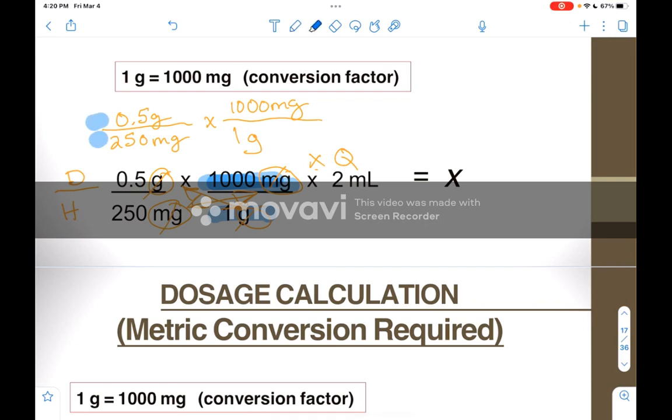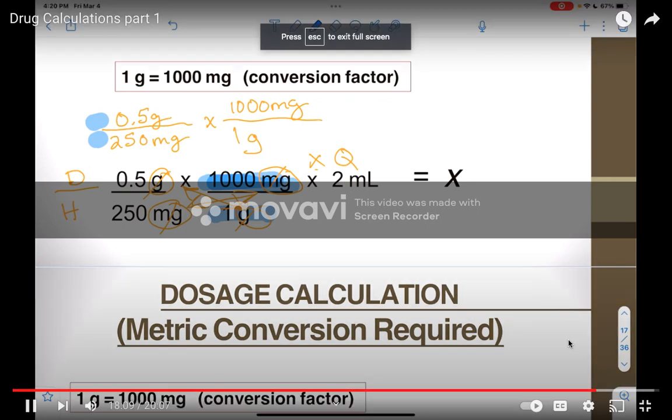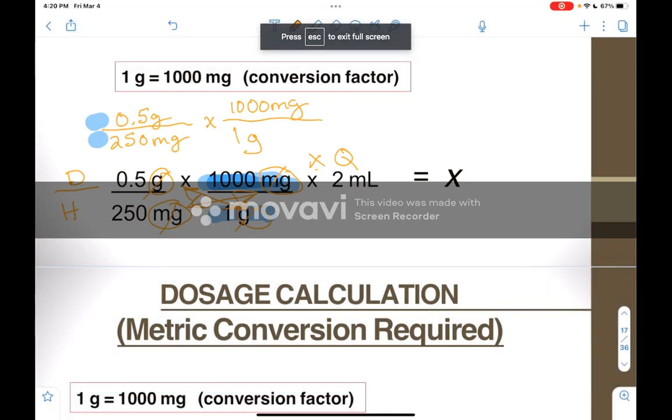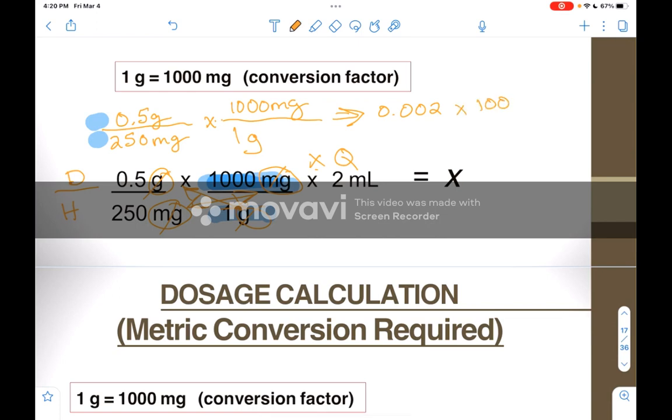Okay, and so we say 0.5 divided by 250, okay, which is 0.002, and then we're going to multiply that times 1,000, okay, and these have canceled out. Milligram, milligram cancels, gram and gram cancels, so we can forget all of those. Okay, and that gives us 2.